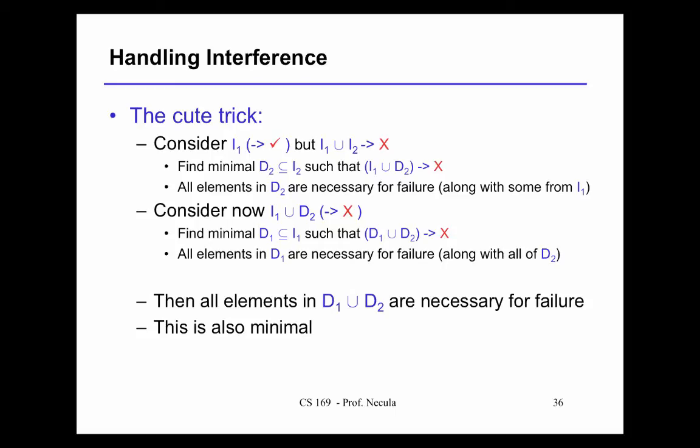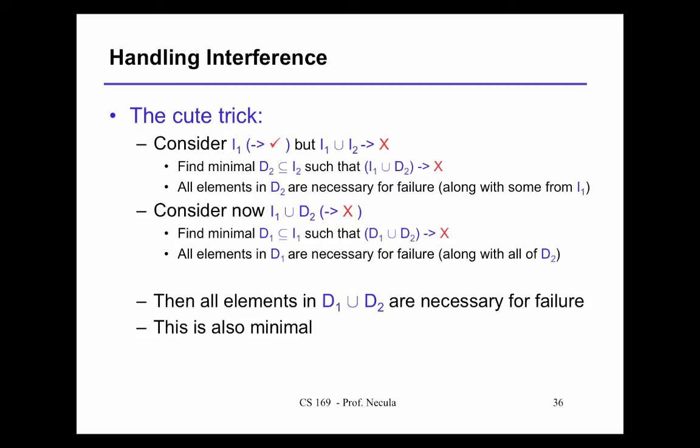Once you found D2, you know that all elements in D2 are necessary for failure, along with some elements from I1. So now you turn the table around, and you consider I1 plus D2. You know that this fails, so you're looking for a smaller subset of I1 that still fails.